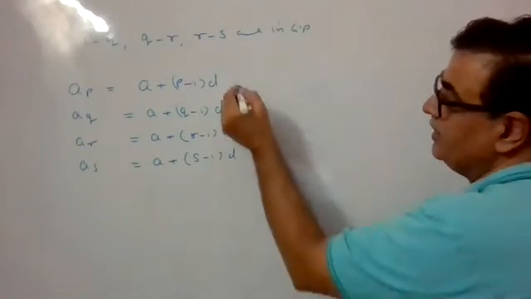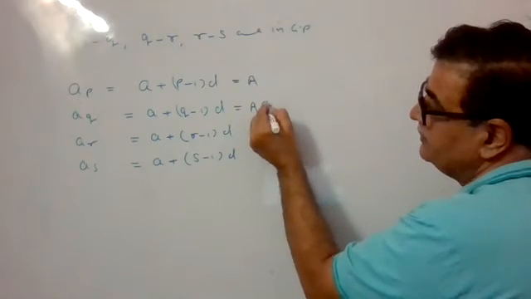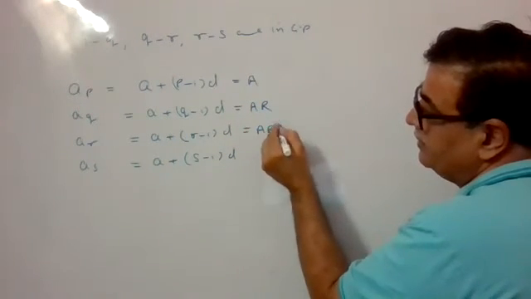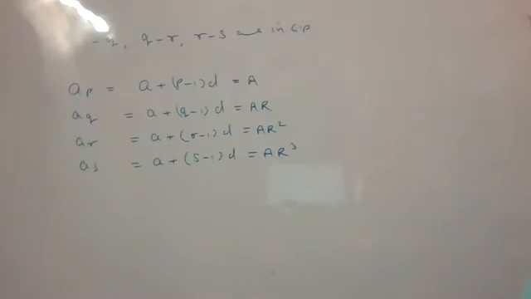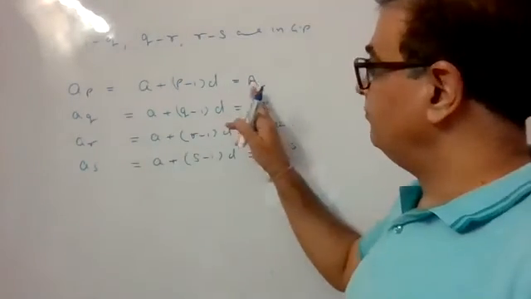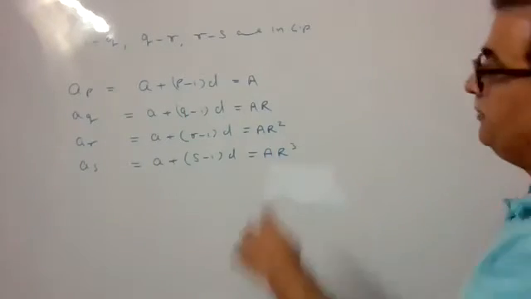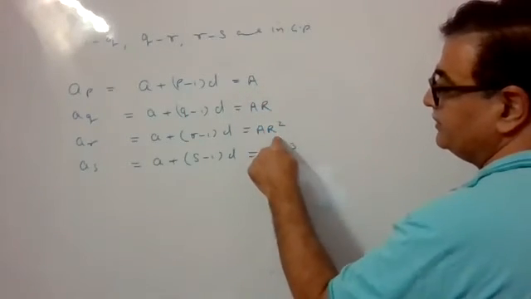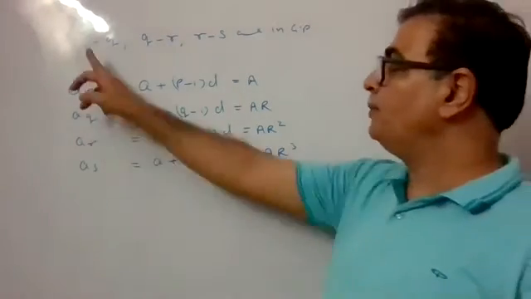As the question says they are in GP, I should say this is A, this is AR, AR square, and this is AR cube. They are in GP means if it is A, then this is AR, then AR square, then AR cube. What I have to show is P minus Q.